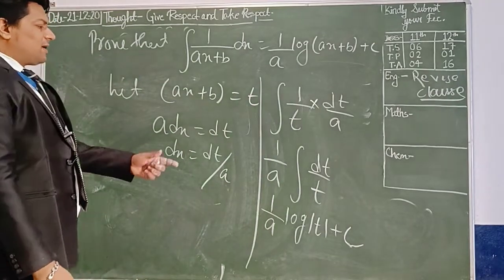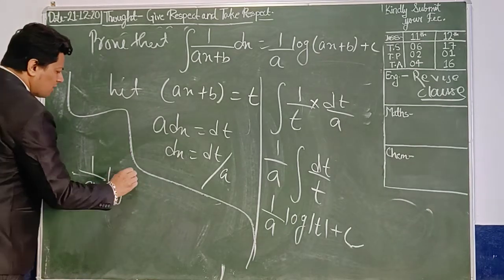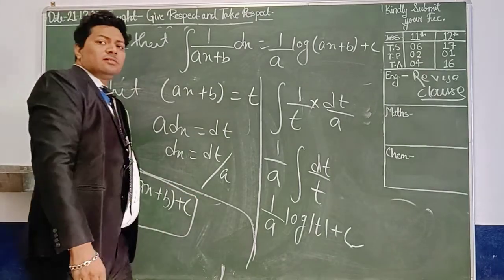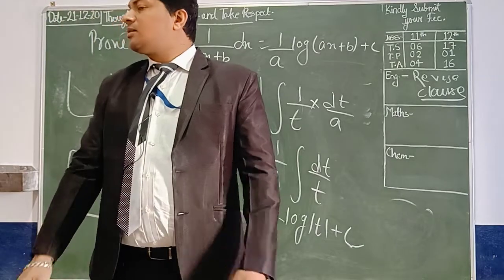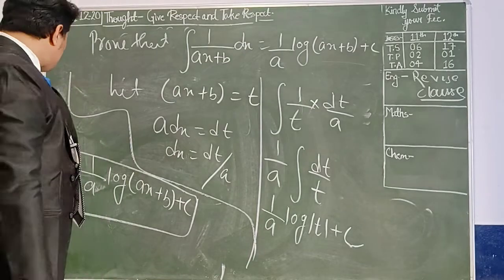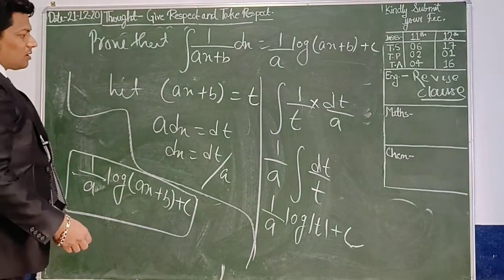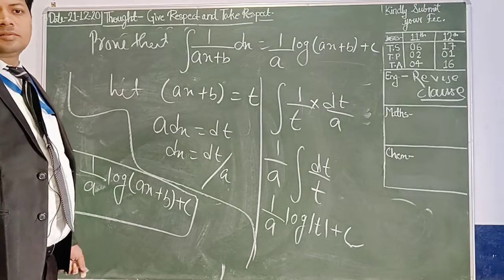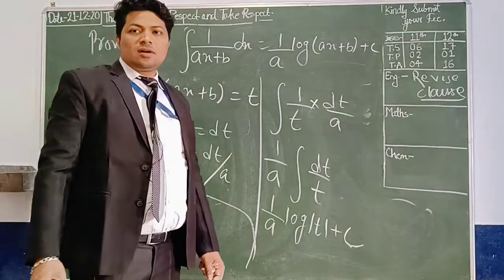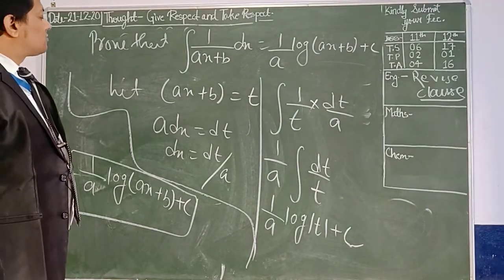In the place of t, you can write simply 1 by a log of ax plus b plus c. Clear up to this point?